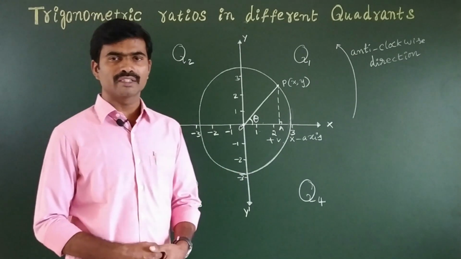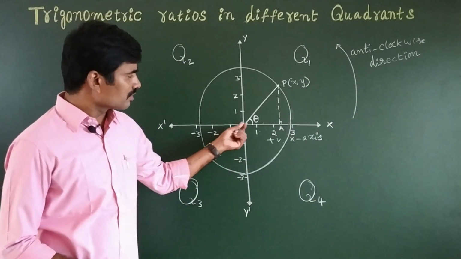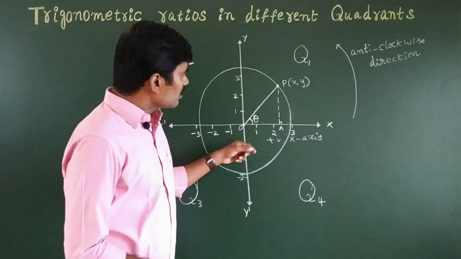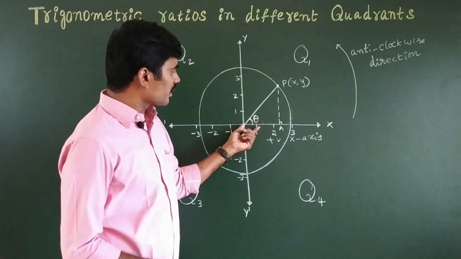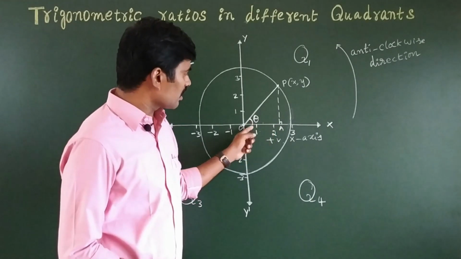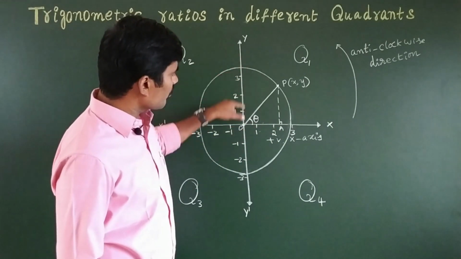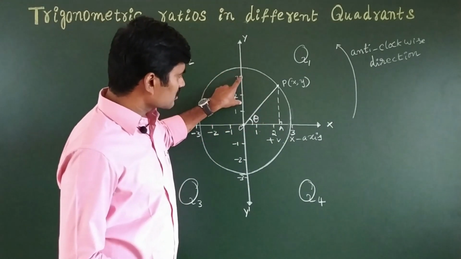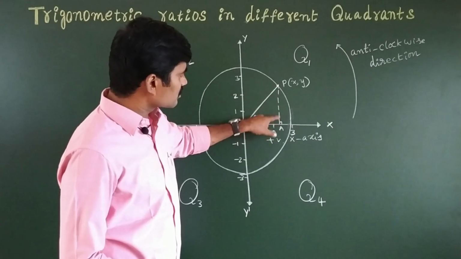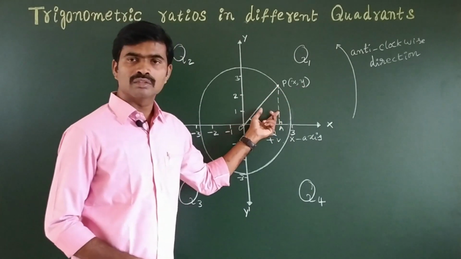Then we have to find sin theta, cos theta and all the trigonometric ratios. In this first quadrant, this length is taken as positive, because all values are positive and it is parallel to the positive y-axis. So this side length is y.